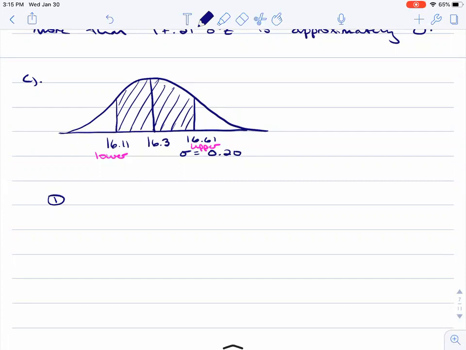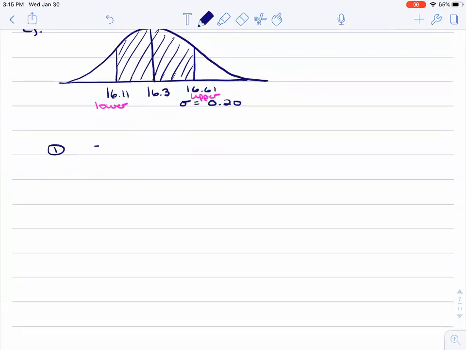So my first step is I'm going to find Z upper. It doesn't matter the order that you do them in, but I like to use the same order always. I find the Z-score for the upper, find the area to the left of it, find the Z-score for the lower, find the area to the left of it. So Z upper is X minus mu over sigma.